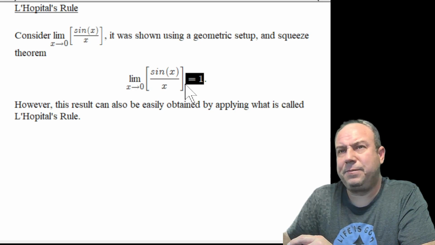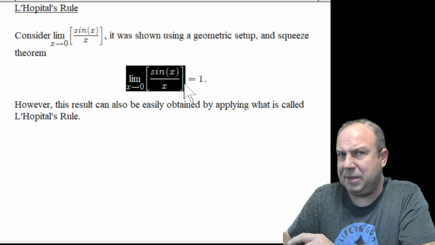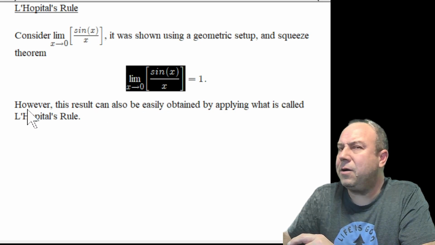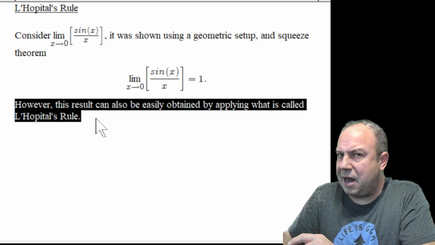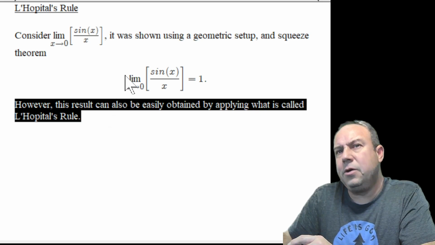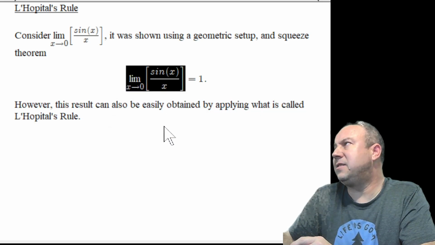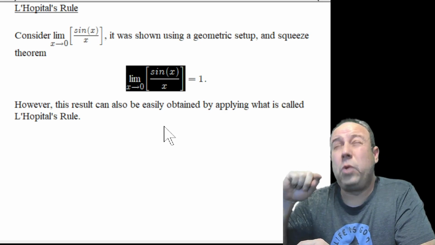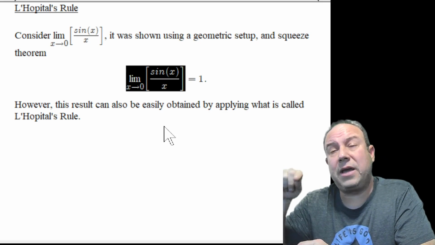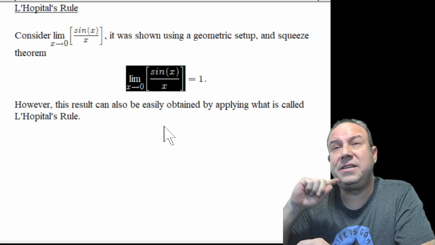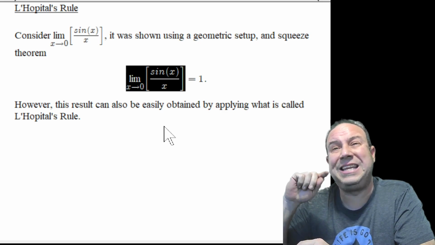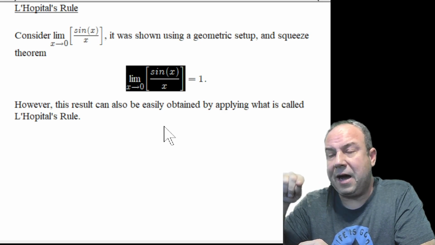This result was developed for this limit, where with L'Hopital's rule in hand, we can actually calculate this limit rather quickly. It's a quick, easily obtained result. It doesn't require a lot of rigor.